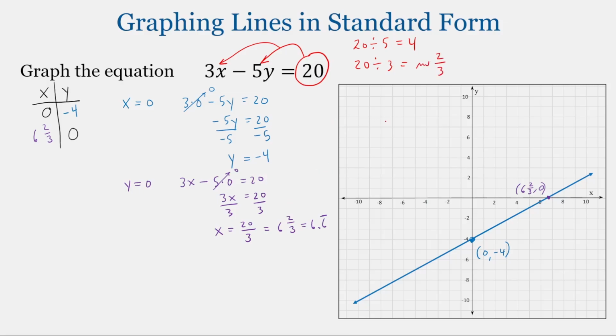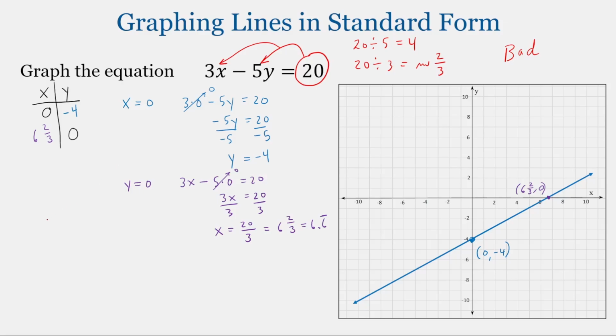In finding that 2/3 distance between two grid lines, pretty much any fraction other than a half, I'm going to probably avoid using this method. So I probably would not use this method to graph this particular equation.